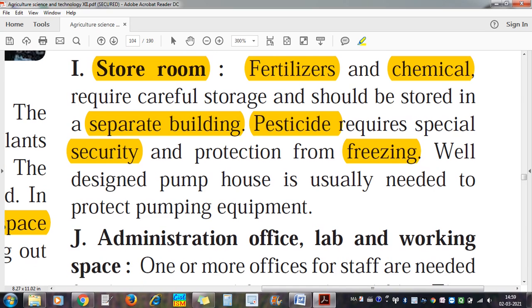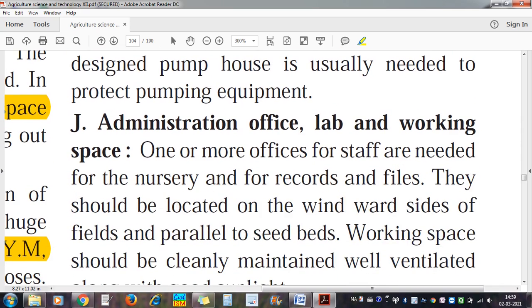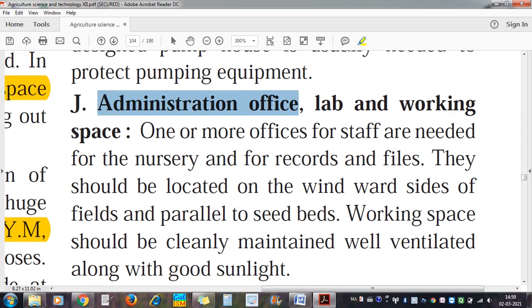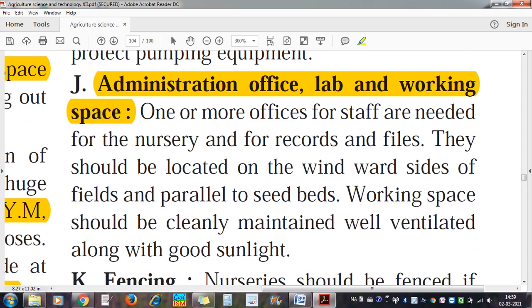Then administrative office, lab, working space. Now this depends upon the number of officers and the number of staff working at the nursery. We have to keep records and files. We have to keep different data, and so an administrative office is required.